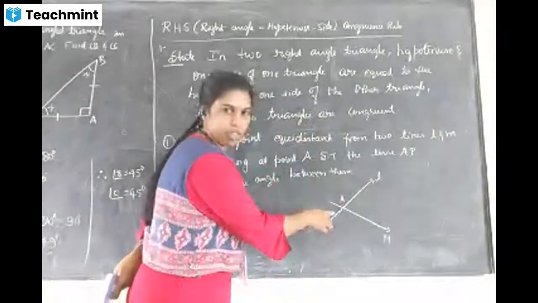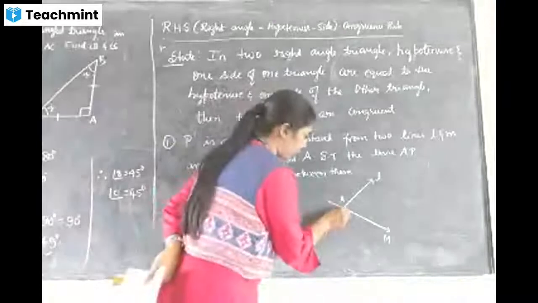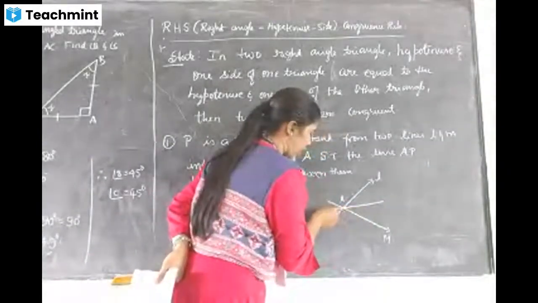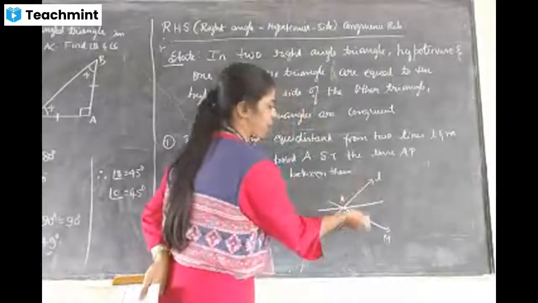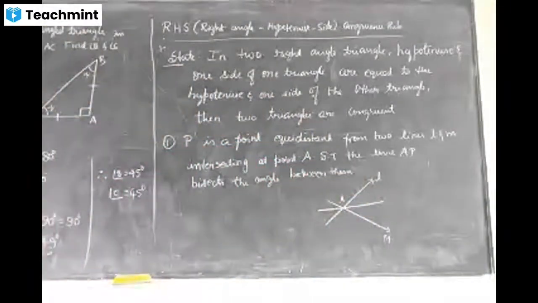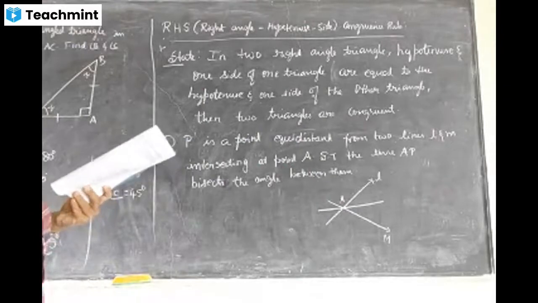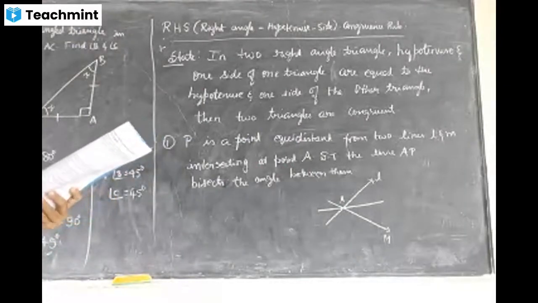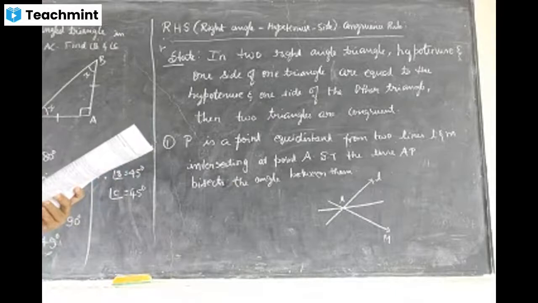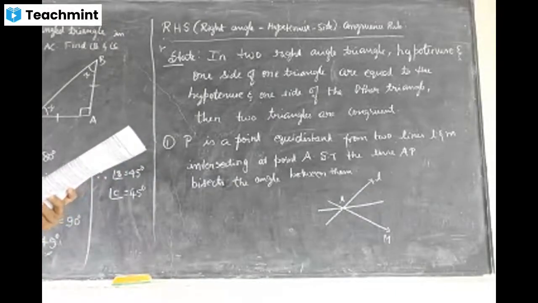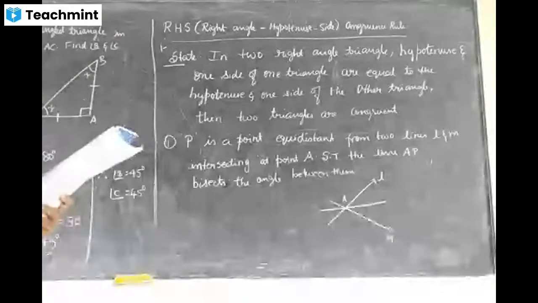Here we have to draw one line. This line is equidistant from the lines L and M. The same gap is there up and down. Okay. Show that the line AP bisects the angle between them.